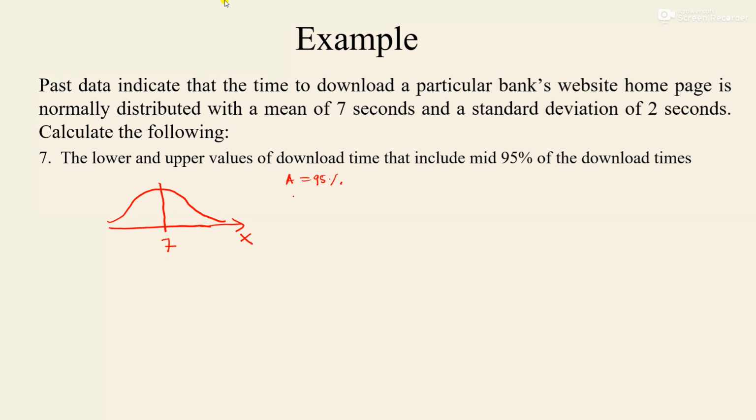Then A divided by 2 is equal to 0.95 divided by 2, that is 0.475.